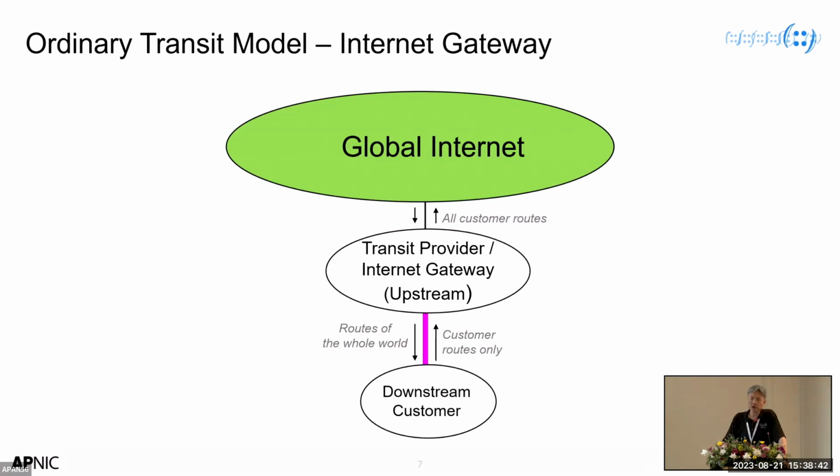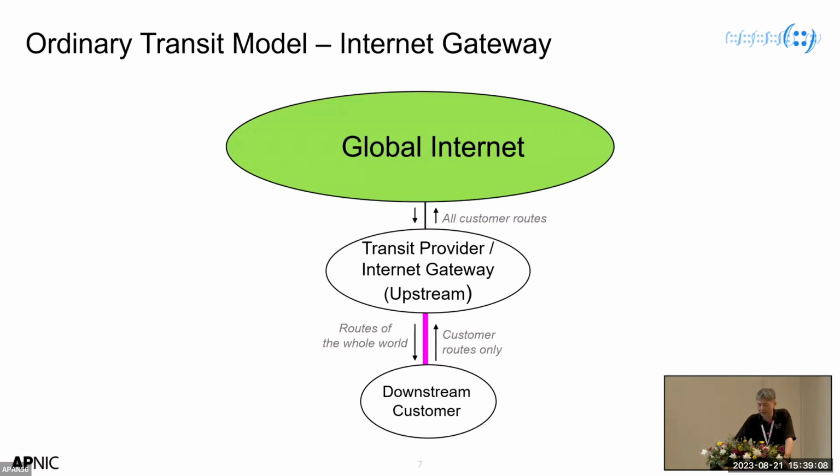Normally, if you connect to the internet, you actually buy transit service from your service providers. So you are their downstream customer, and your ISP is your upstream. Sometimes we call it a transit provider, sometimes an internet gateway. It's roughly the same.